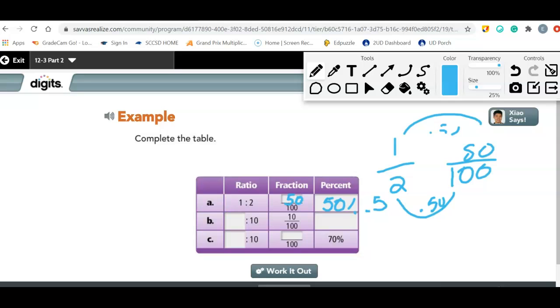Right, and Patrick talked about when you have a decimal point, 0.5. To get to your percent, you multiply by 100. And in decimal form, you multiply by 100. So you swoop it 2 times to the right. 50%.